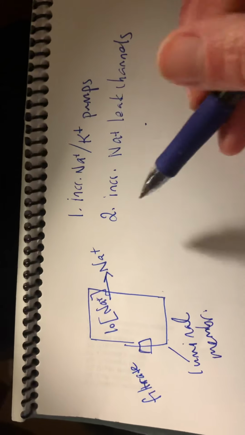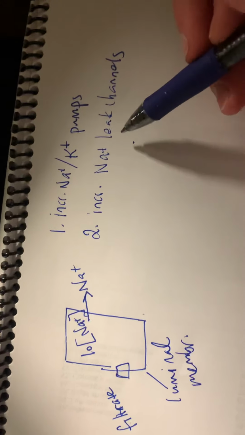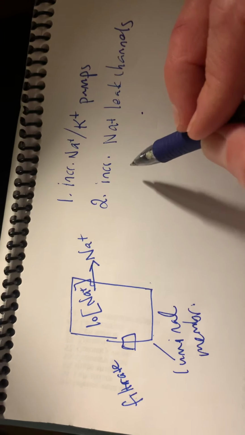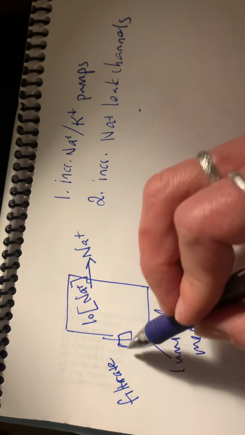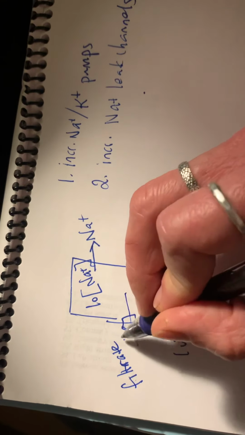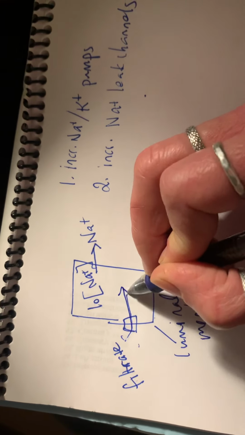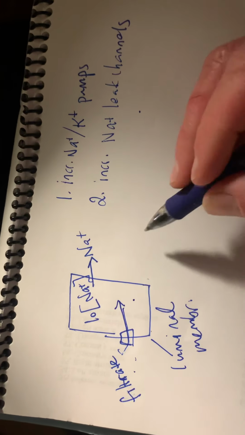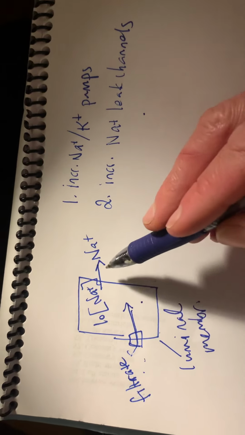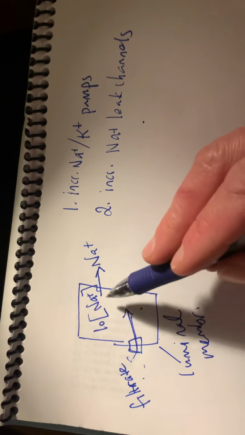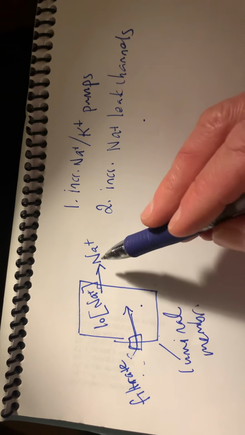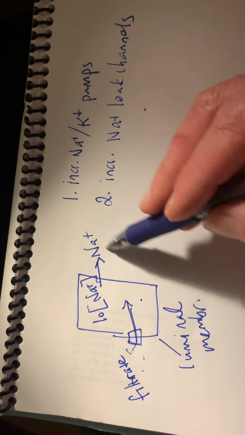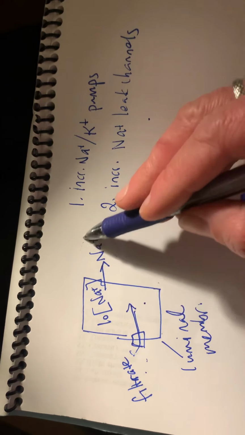So we increase the number of these sodium leak channels, and this is going to increase our gradient, and based on what we know about diffusion, this is going to increase the rate at which sodium diffuses into our cell, from the filtrate into the cell. And as that happens, we've also ramped up that pump so we can get it out of the cell just as quickly.